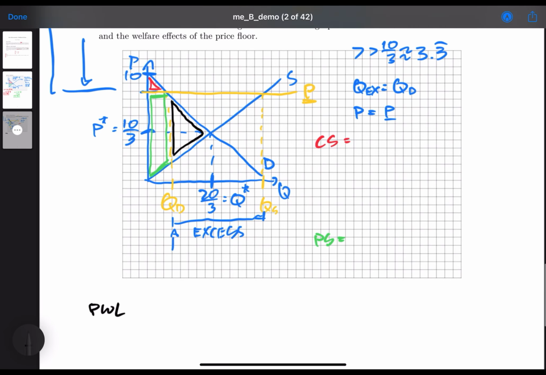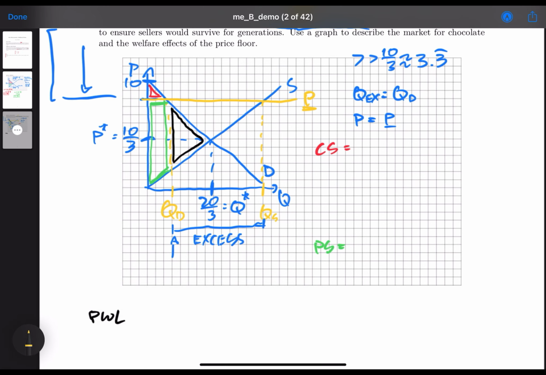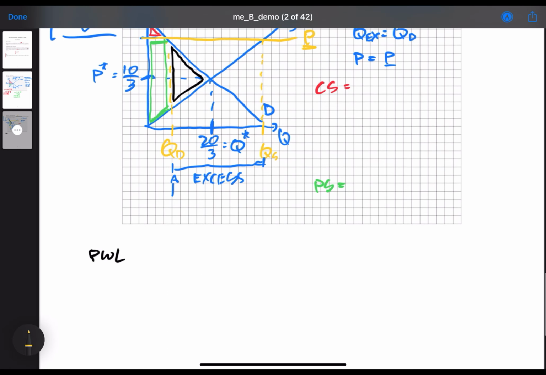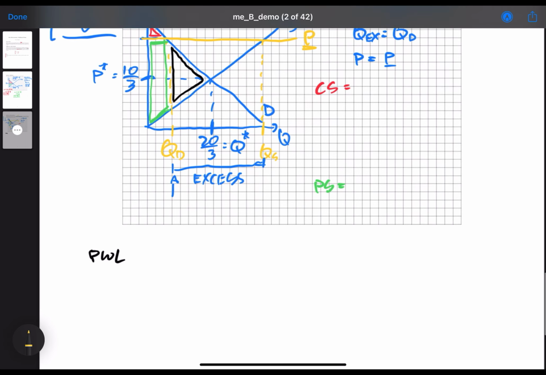All right, so we have a bunch of things to calculate here. So the first is our quantity demanded. And the way we do this is we just plug in the price of 7 into our demand curve. So let's do this down here.